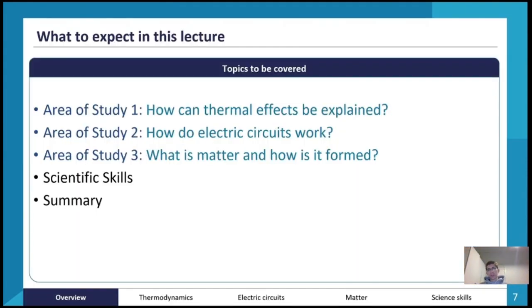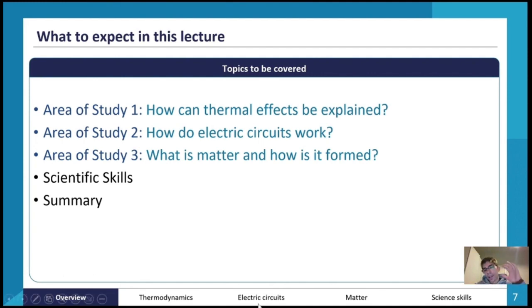So what are we going to talk about today? We are going to focus on a lot of stuff, primarily thermodynamics and electric circuits. I'm actually going to surprise you guys because I'm going to teach you how to perform very well in any SAC or exam that has to do with electric circuits. Very well.